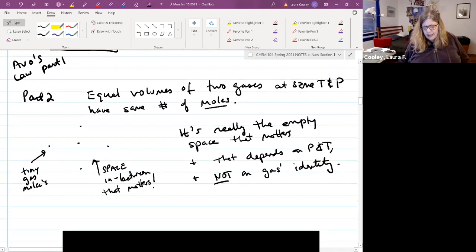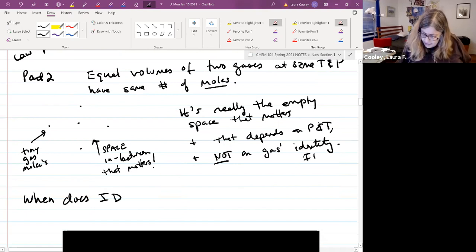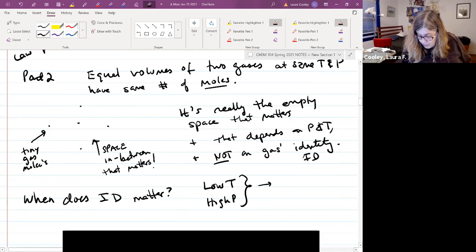So when does identity start to matter? Because it does matter eventually. So it matters at low temperatures and high pressures. These are places where we will get liquefaction. And why you get liquefaction is you start to get attractions.